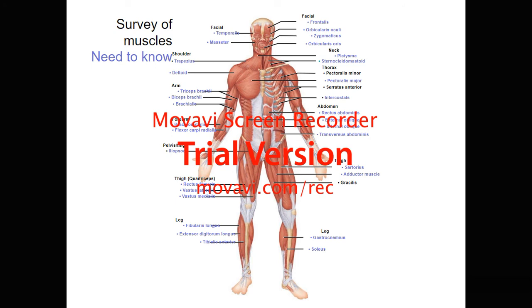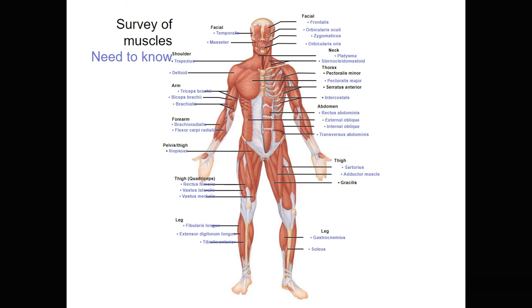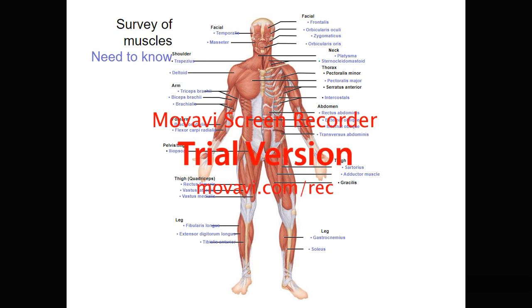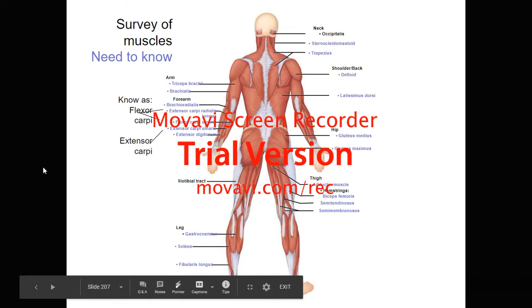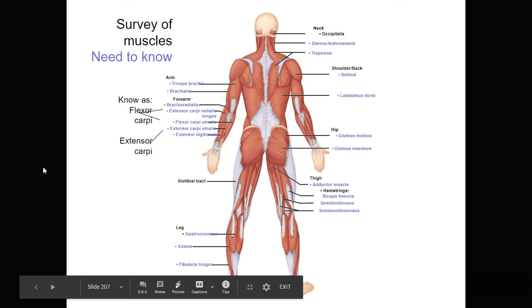So this is just a review, and you already know these muscles. But if you don't know them, then you need to be able to ID them before the test. Hopefully you've already been studying the names and locations of these muscles, so it'll just be a review for you.